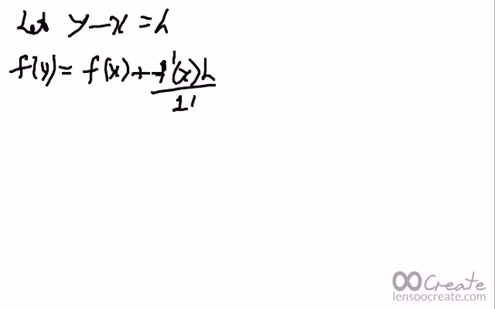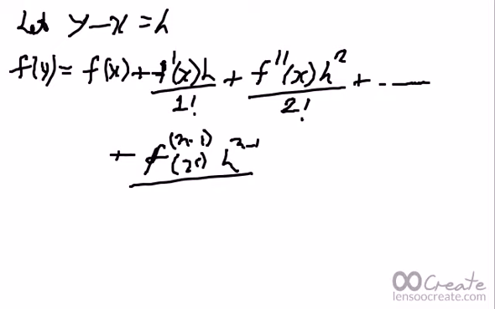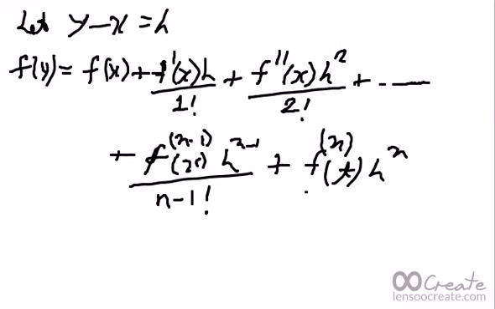Then we can write f(y) as f(x) plus f prime of x times h divided by factorial 1, plus f double prime of x times h squared by factorial 2, and so on, plus f^(n-1)(x) times h to the power n minus 1 divided by (n minus 1) factorial, plus f^(n)(t) times h to the power n divided by factorial n.